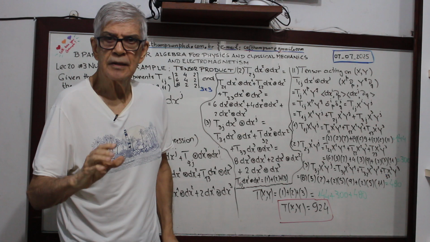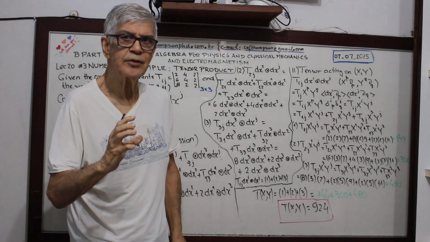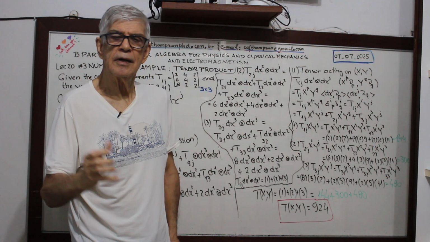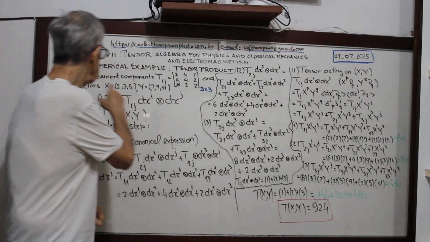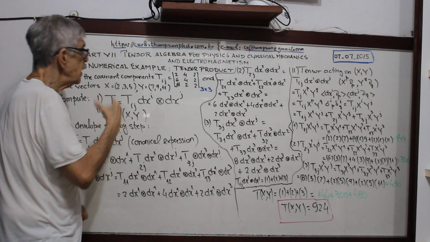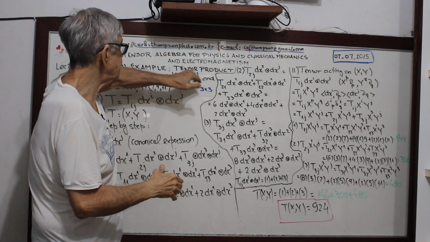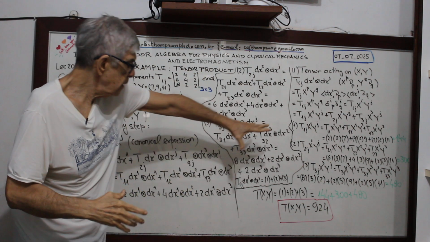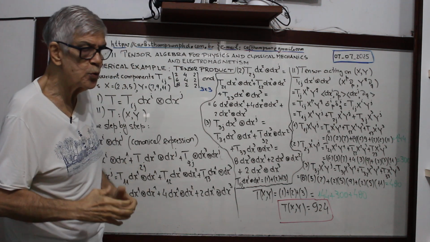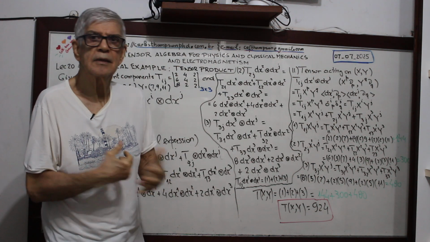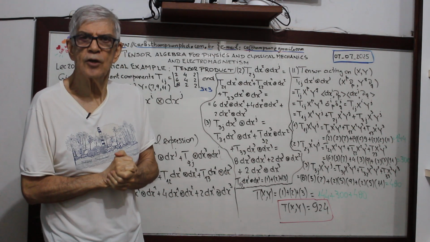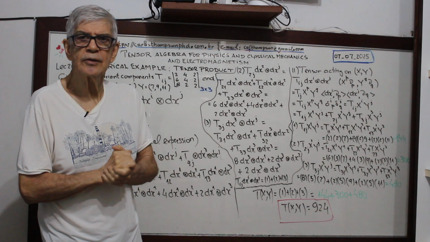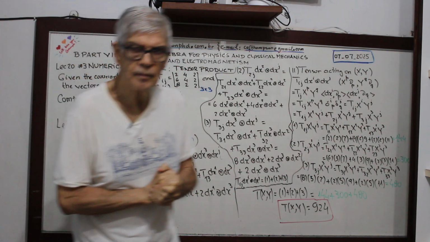You see the difference between the wedge product, lecture 20, number 2, and the tensor product. Now you are ready to get into curvature. I will start with the torsion. That's it.